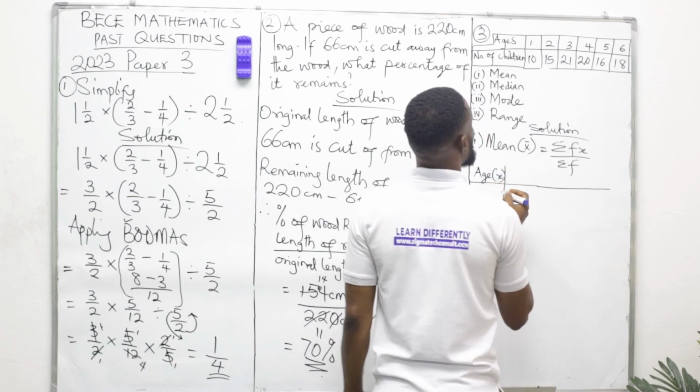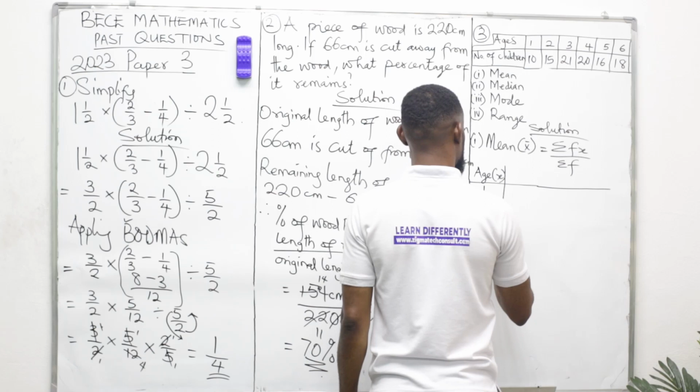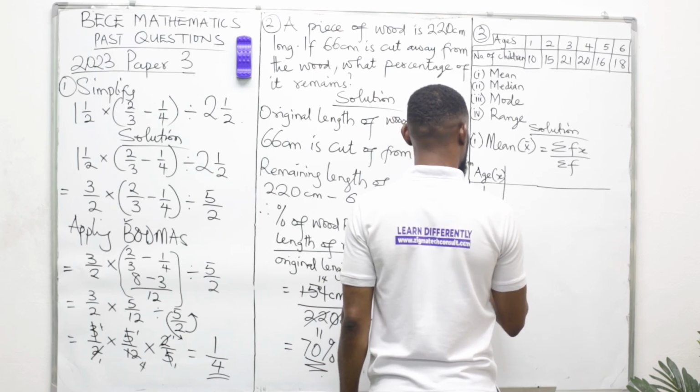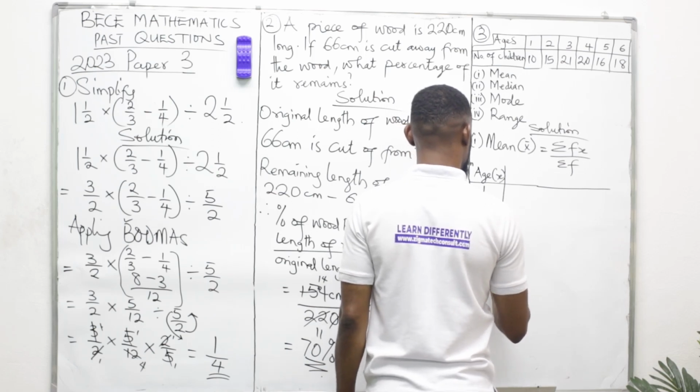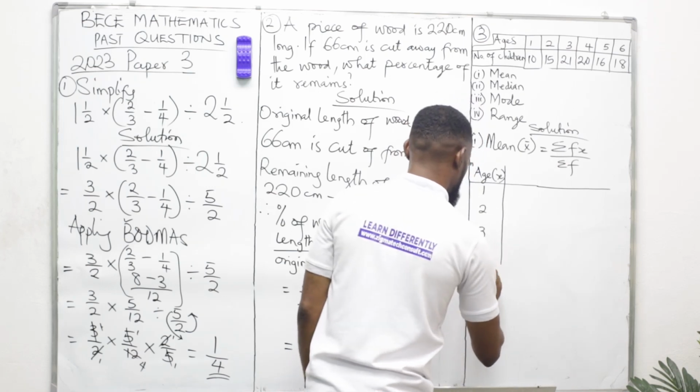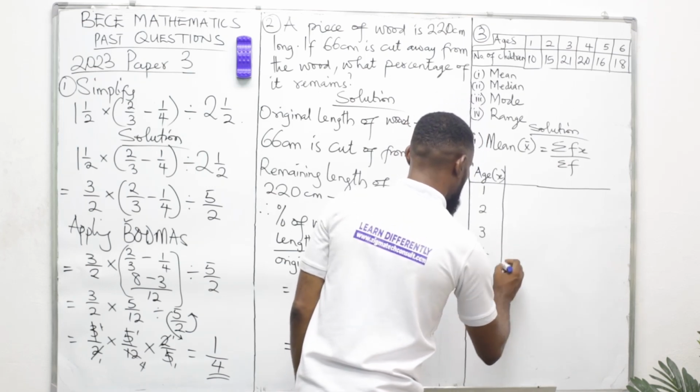So these ages, we have them as 1, 2, 3, 4, 5, and 6.